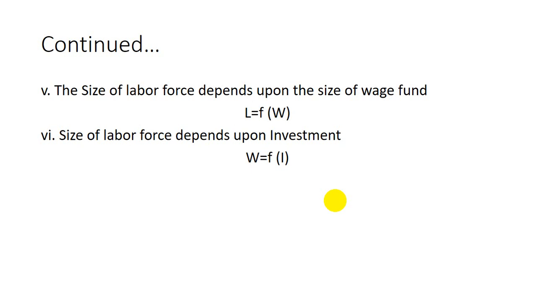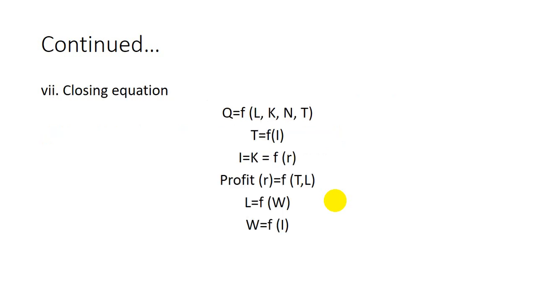So these are basically the sixth proposition, and the seventh and last one is the closing equation. Basically this proposition is based on all six equations, or six propositions, that we have discussed. So there are six equations having 7 variables, so their values cannot be determined.